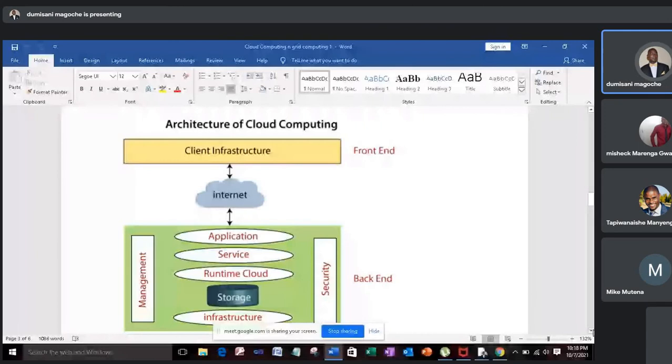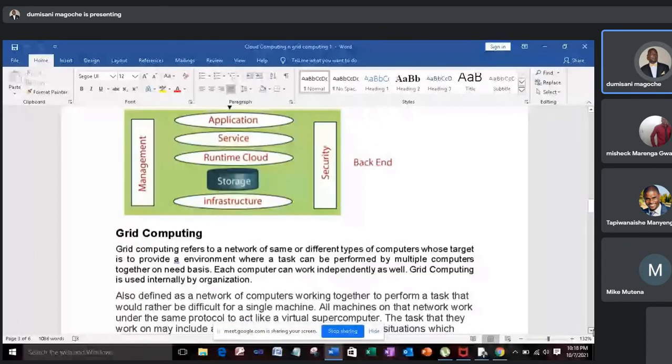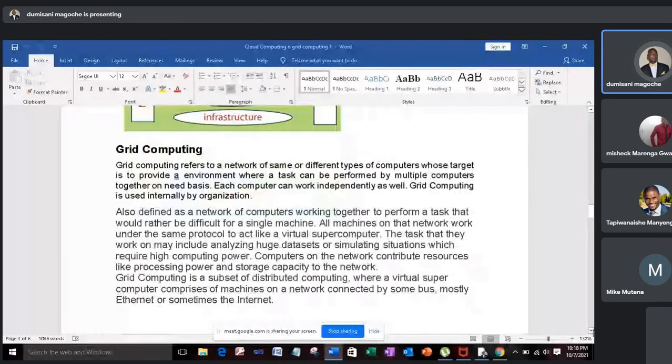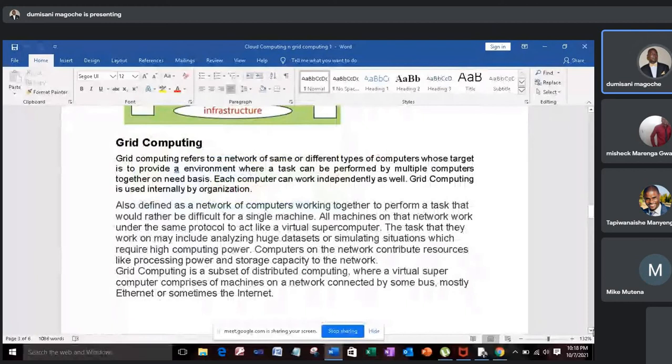Now we want to go to grid computing. Grid computing refers to a network of the same or different types of computers whose target is to provide an environment where a task can be performed by multiple computers together on a need basis.